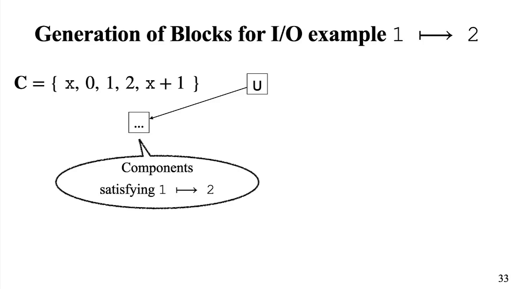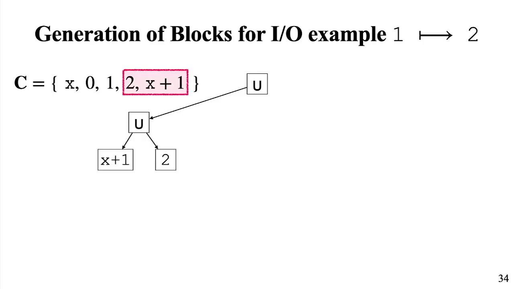We first search for components satisfying this example, and such components will be added into the version space. Because 2 and x plus 1 evaluate to the desired output 2 when the given input is 1, they are added into the version space as leaf nodes.